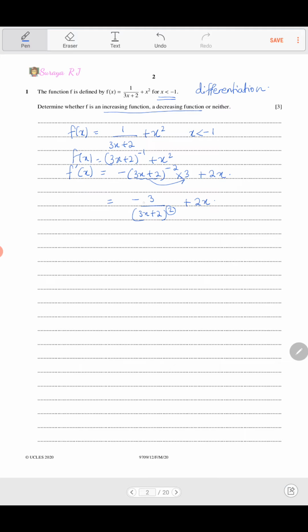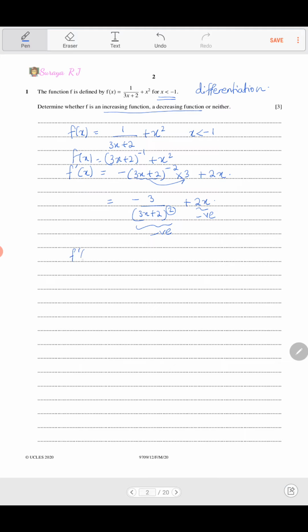But when we take a negative value, that is minus 3, and we divide by a positive value, the final answer will be negative. Similarly here, when we take 2 and we multiply it by a negative number, we obtain a negative answer. And then we have to add two negative values. So the final answer again will be negative.